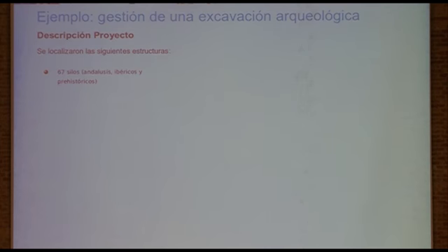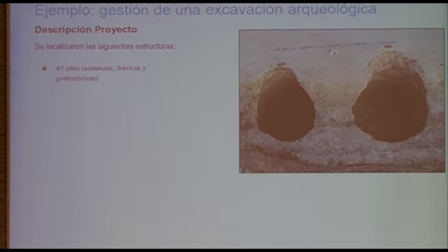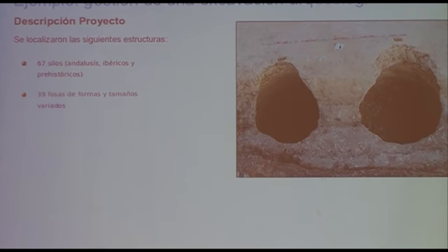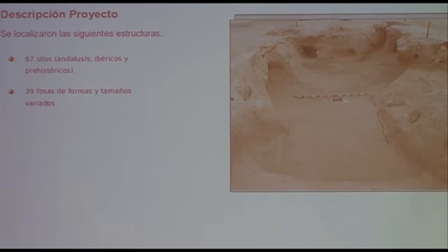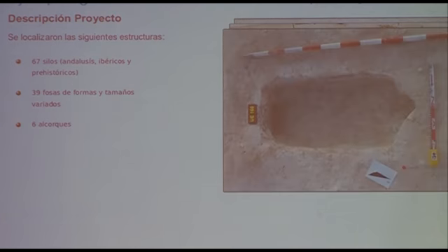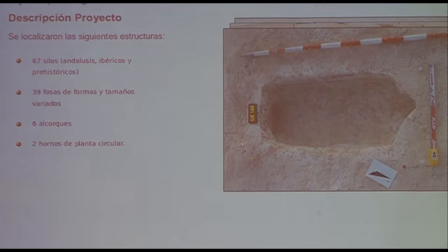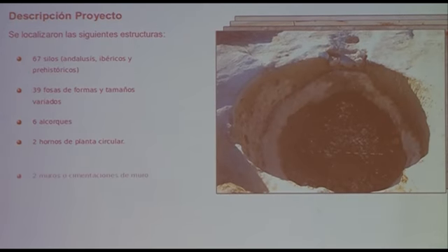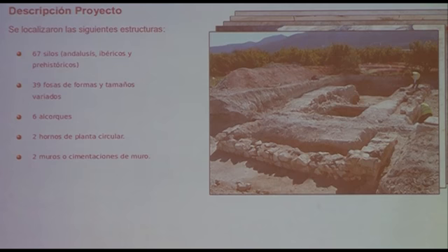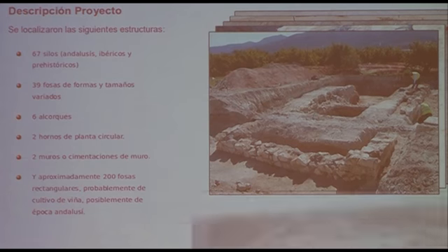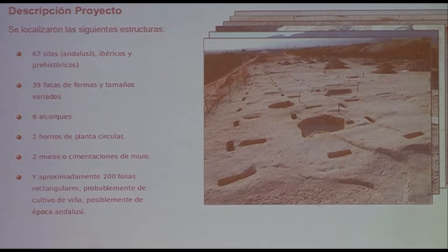These are the structures that were found in the excavation site: 67 silos from the Andalusian period, the Iberian period, prehistorical even, as you can see in the picture, 39 pits and wells of different sizes and shapes, 6 ponds and a number of structures, 2 round kilns, 2 boundary walls, wall foundations, and 200 rectangular wells, probably used for growing vineyards, vineyard wells.